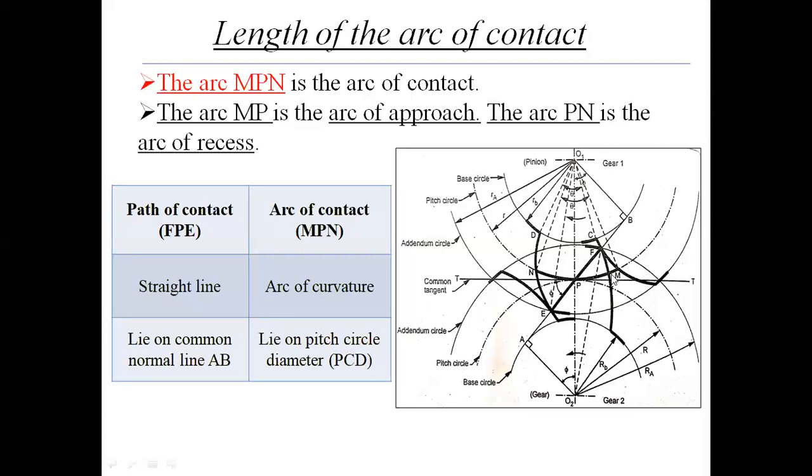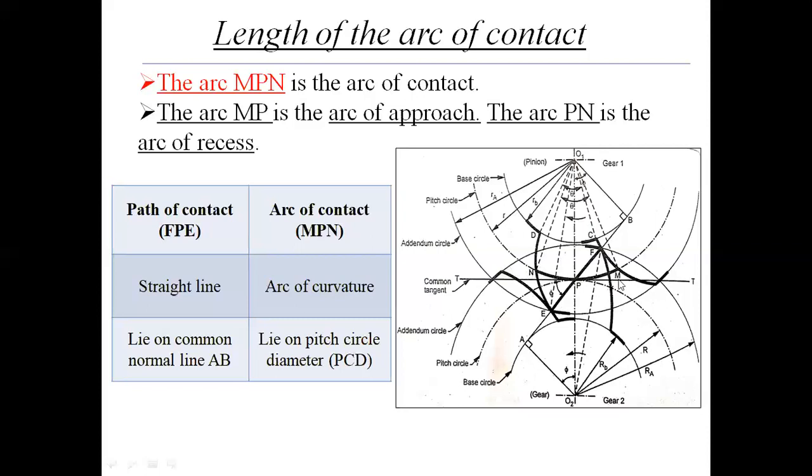Whereas the arc of contact is a part of a curvature. It is not a straight line, it is a curved line, a segment of a circle, and this arc of contact lies on the pitch circle.